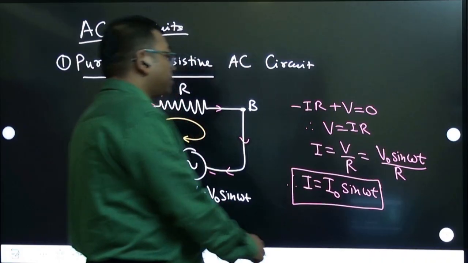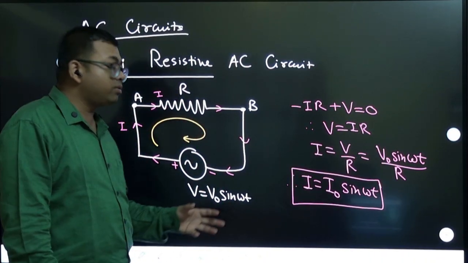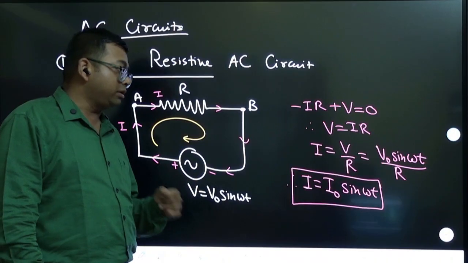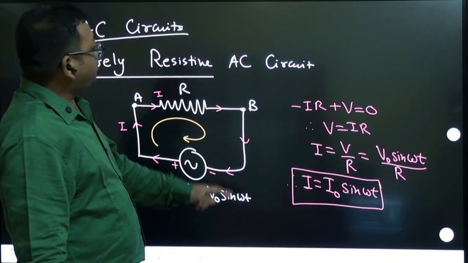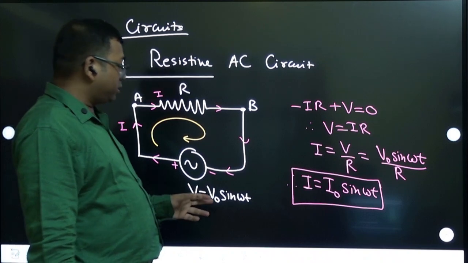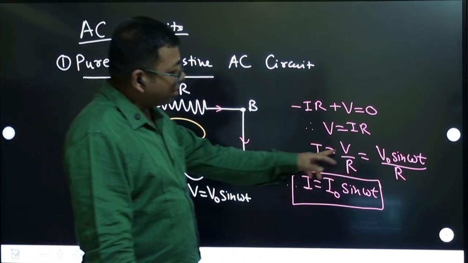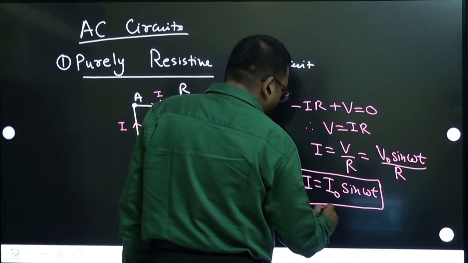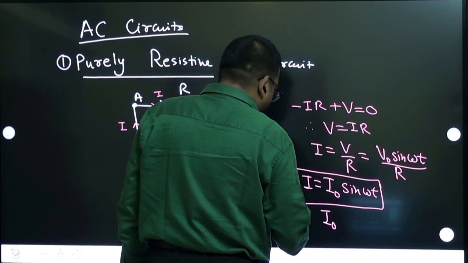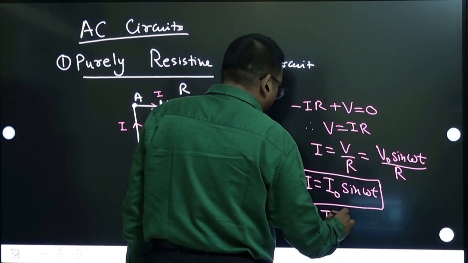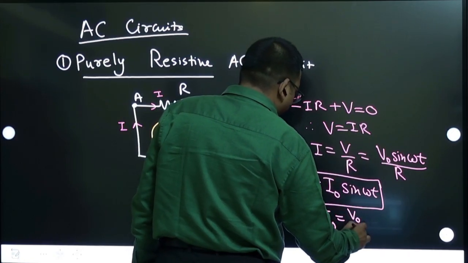So I is equal to I naught sine omega t. If you see the voltage V, it is also like this. Here what is I naught? I naught is V naught by R.